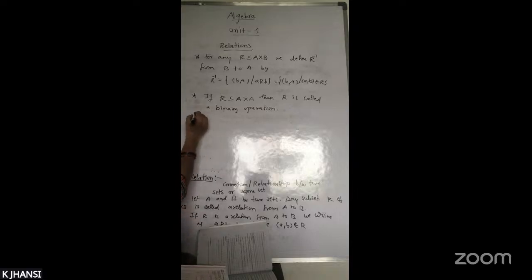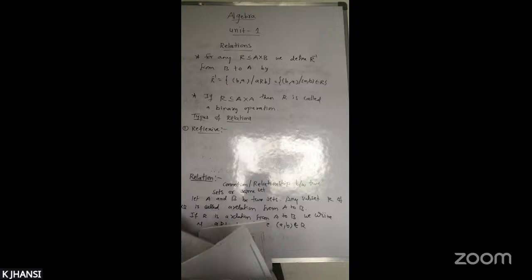Okay. So equivalence relation means, first, if you see the types of relations, the first one is reflexive. Reflexive relation means a relation which is mapping to itself.